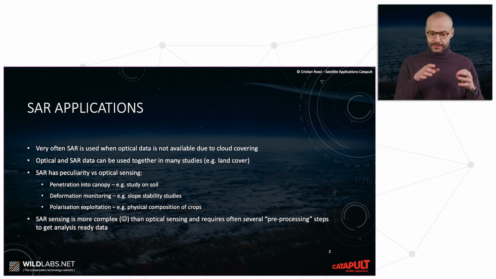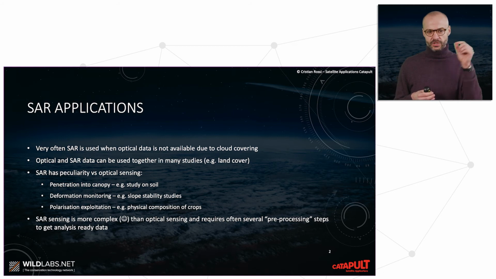Optical data would simply see the top of the canopy, while the microwaves of synthetic aperture radar can actually enter into the canopy and see the soil. So this is an advantage of using SAR data. Another use is on deformation monitoring, such as slope stability studies. This is another advantage versus optical data.